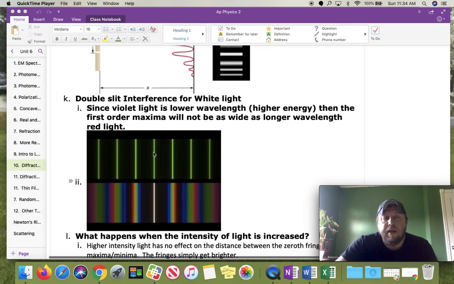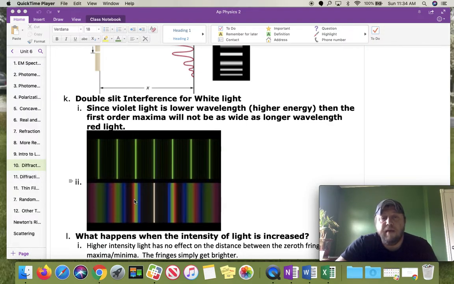If we use a monochromatic light source, we will get these regions of maximas on the screen. So if we just use green light, we will get several green light fringes on the screen as a result of this. If we use white light, our central maxima will be white, but notice the violet is towards the middle, and then it separates out into its regions of the spectrum.